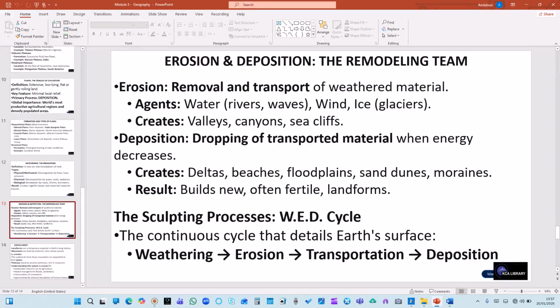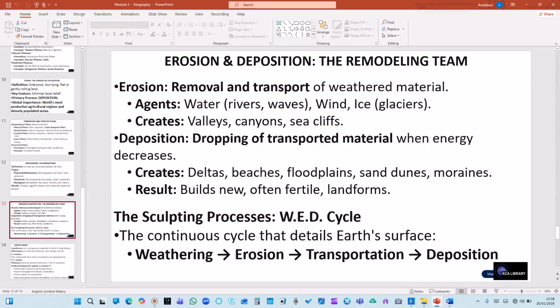Now let us look at erosion and deposition, the remodeling theme. Erosion is the removal and transport of weathered material. The agents of erosion include water, which is river and wave, wind, and ice, glacier. Then it creates valleys, canyons, and sea cliffs.